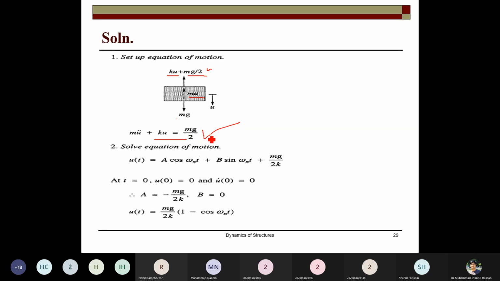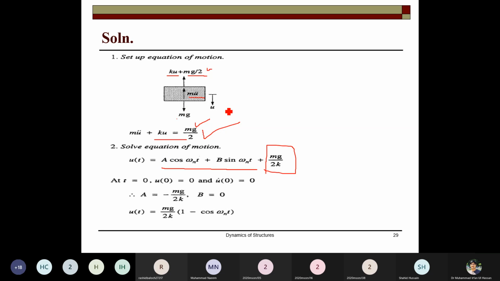Now you know that in the case of a system under the effect of free vibration, the equation that we proved last time is A cos omega t plus B sin omega t, and in addition the force which is already present gives a response of mg by 2k. So the general solution of this equation is written as A cos omega t plus B sin omega t plus mg by 2k.